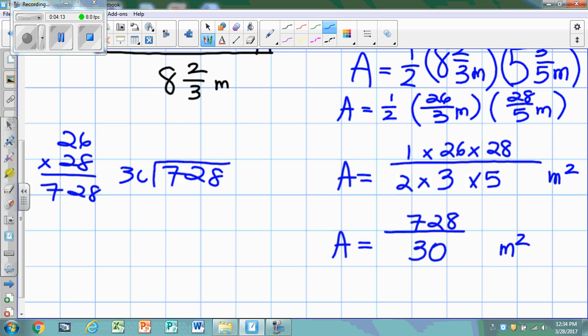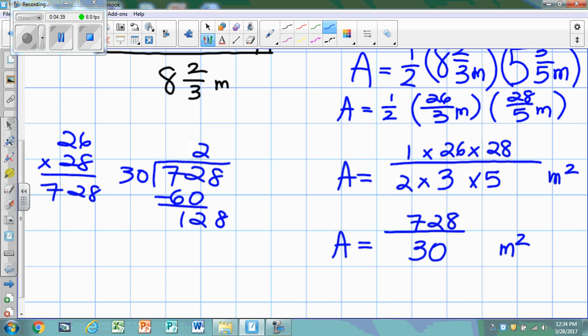728 divided by 30. So how many times does 30 go into 70 tens? How many times? Call out. Twice. And 2 times 30 is? 60 tens. So we're subtracting that and we get 12 tens. We okay with that? All right. So now we've got to bring our 8 down.